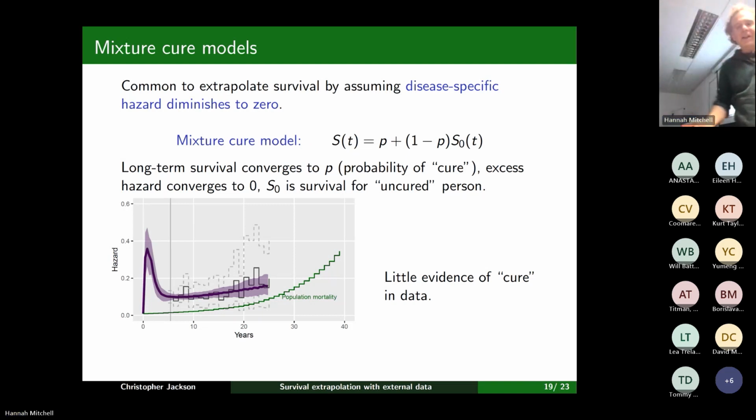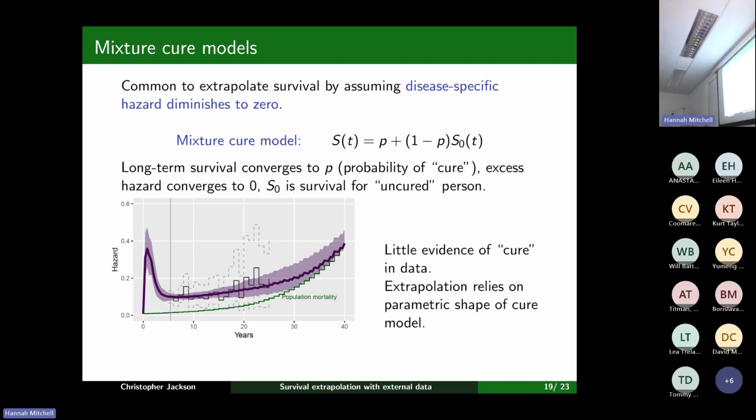But if you went ahead and fitted the model in any case, you could estimate this decrease. I think it's being inferred from the slight decrease, but the result here is going to be strongly influenced by this parametric form, this mixture form.